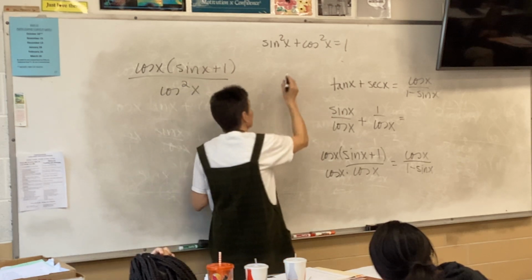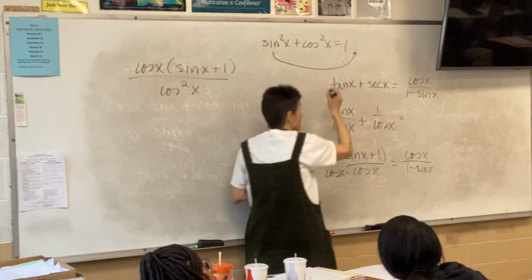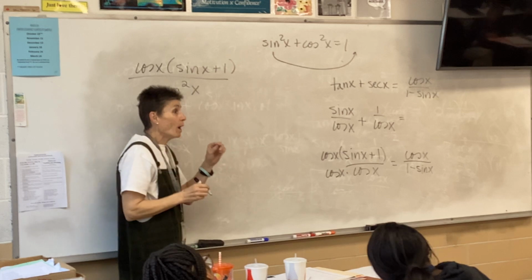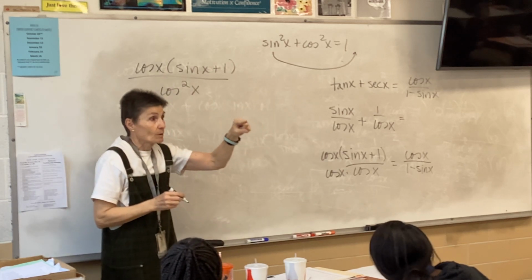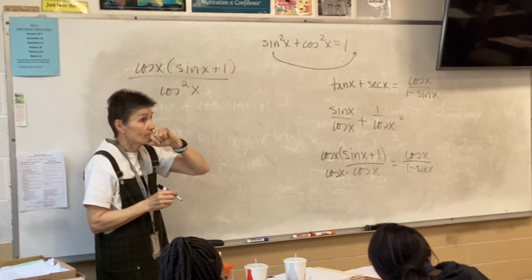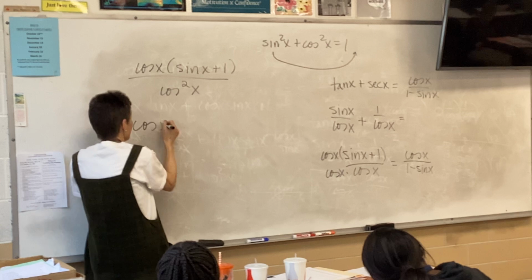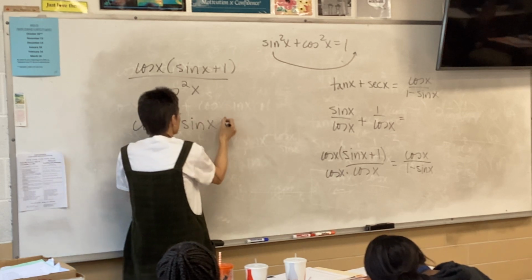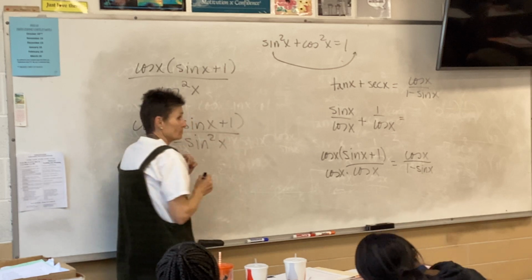Okay, so now I can't do that though. But what I can do is, suppose I move this over to this side of the equation. So what does cosine squared equal? 1 minus sine squared. So I'm going to change that denominator into 1 minus sine squared.